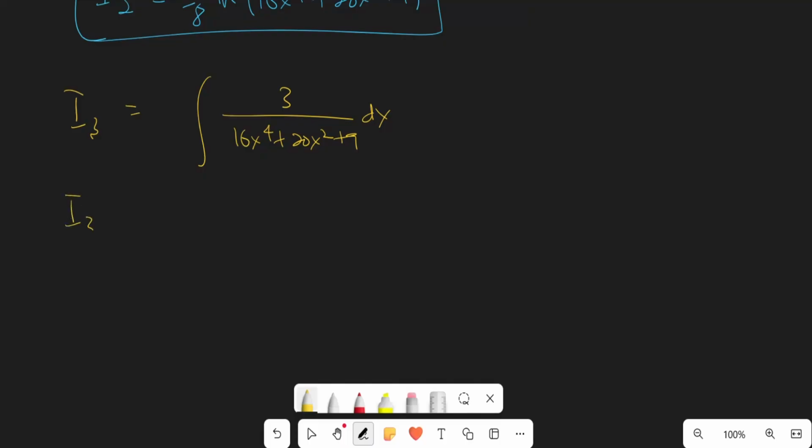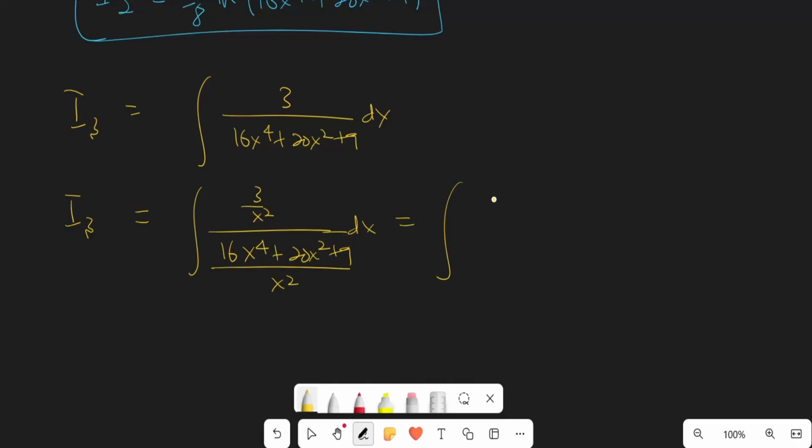I am going to divide the numerator by x squared and divide the denominator by x squared. So this is equal to the integral of 3 over x squared divided by, this is left with 16x squared plus 20 plus 9 over x squared dx.